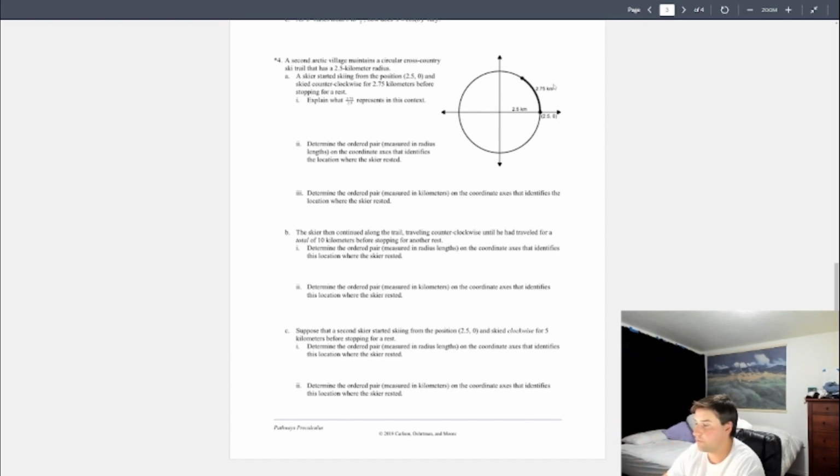Or from his resting point, he went 10 kilometers total? Because if it's from the very beginning, it would not be the same answer. But if it was from here and then it was another 10, then it would just be right back there. But if it started here, but the 10 was supposed to start here, then it would also be a different one.